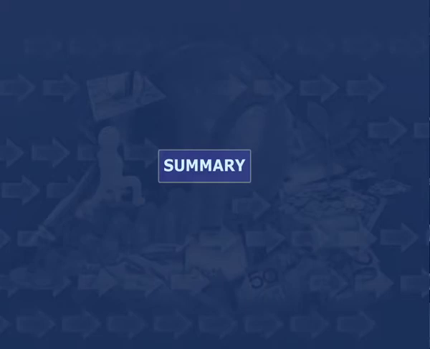Friends, let us summarize today's session. Comparative cost advantage theory can be explained with the help of opportunity cost theory. Opportunity cost reflects foregone production of other commodities. A nation will specialize in the production of the commodity in which opportunity cost is relatively lower.